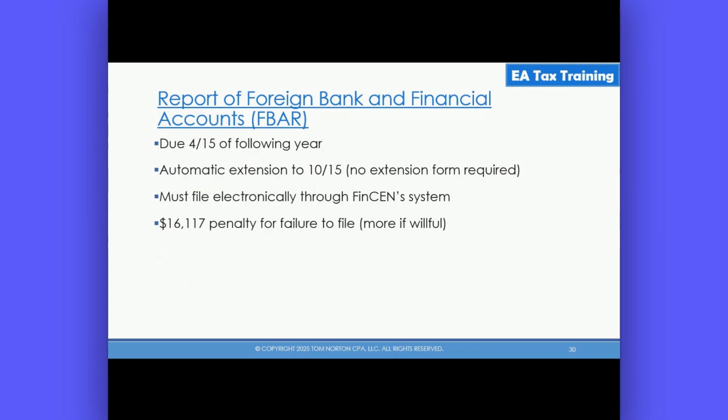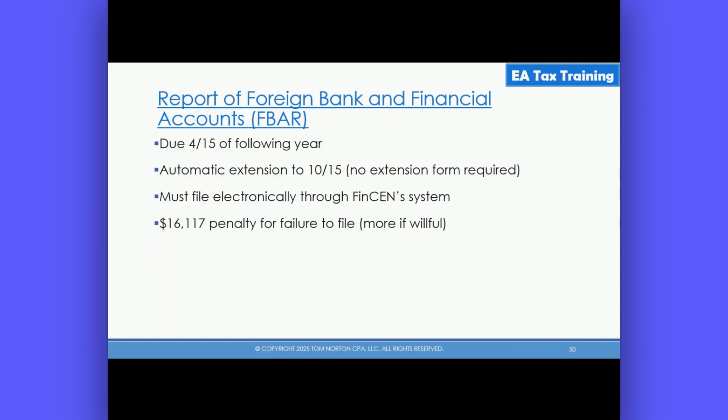The FBAR is due on April 15th, but remember, it is not an IRS form. You can get an automatic extension to October 15th. You file this form electronically. You cannot file it on paper. You file it electronically through FinCEN's system, and the penalty for not filing it is $16,117.